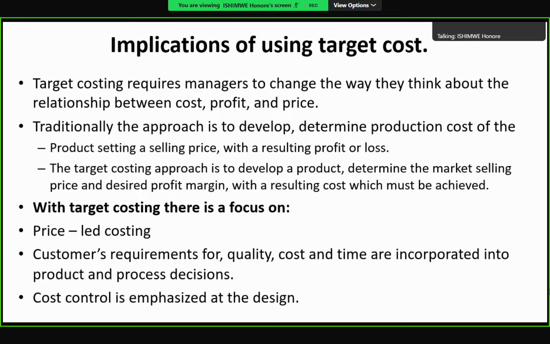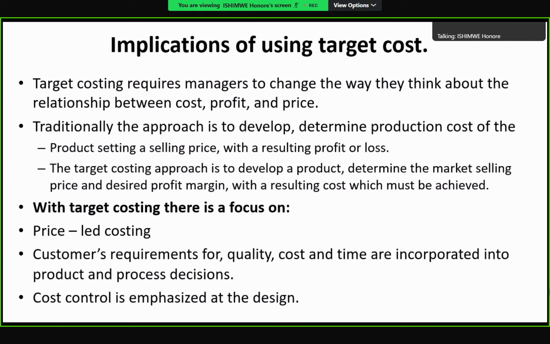Now, with target costing, our focus is on the price leading to the costing of a product. Then customers' requirements for quality, cost, and time will be incorporated in the product design, okay, in product description, in product designing, and also process decisions.